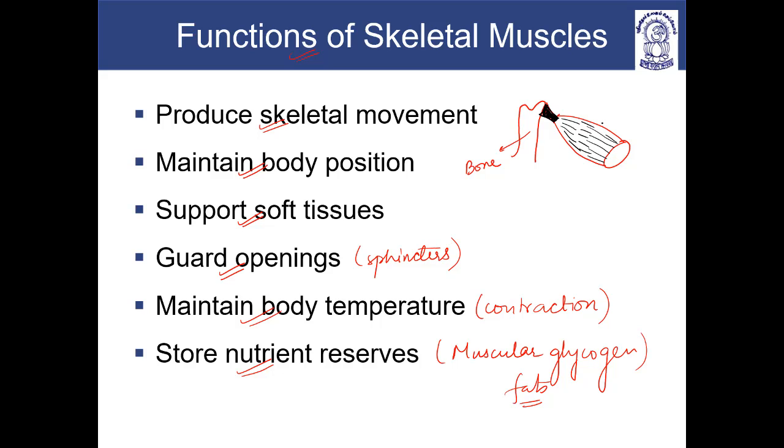Now, the outermost covering is basically the epimysium. The whole muscle is surrounded by epimysium. When we talk about one fasciculus, the fasciculus is the unit of muscular contraction. There are numerous fasciculi like this.